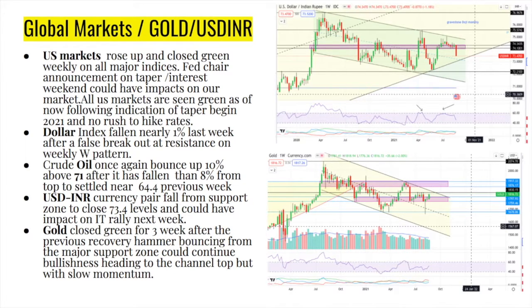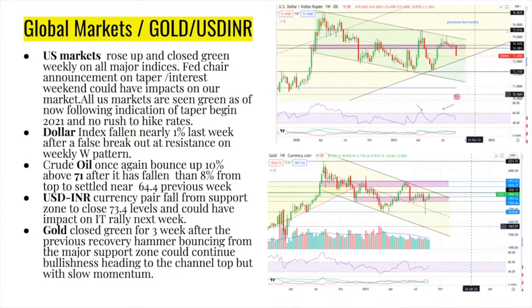Now, global markets, interesting. Yesterday there was a Fed chair announcement on the taper and interest rate, and it looks like US markets reacted green, and weekly wise, if you see, all the major indices closed green. Now, the impact of the taper meeting can be seen in our market also, most likely on the upside, right?